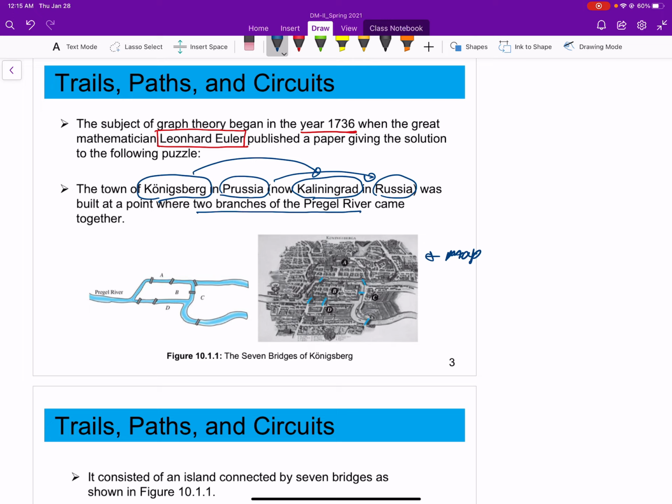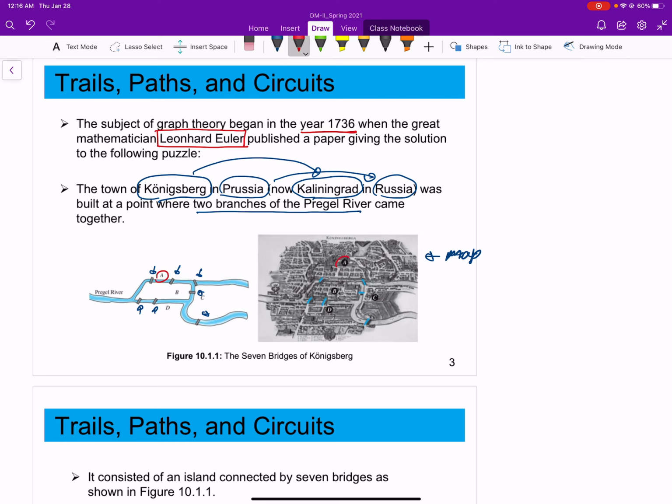So this one shows the corresponding river. All right, so river is given here, and there are bridges. So these small line segments are the bridges. Okay, so these are the parts of the city.